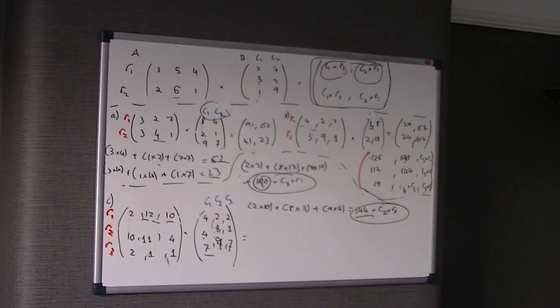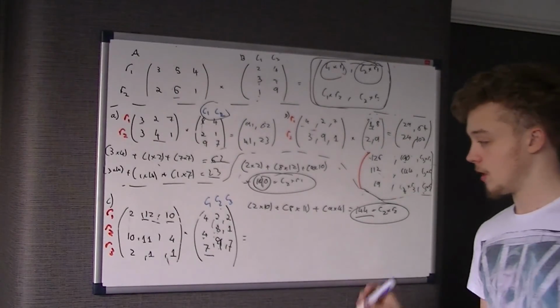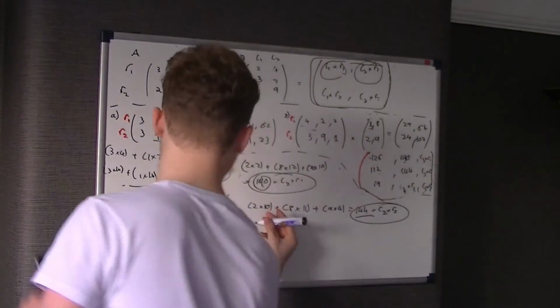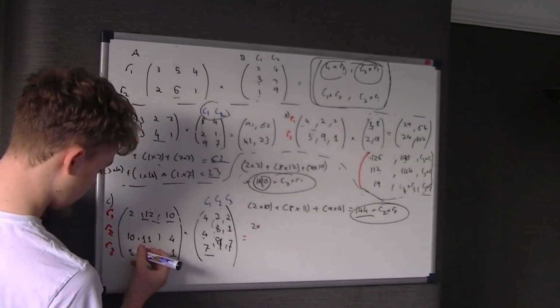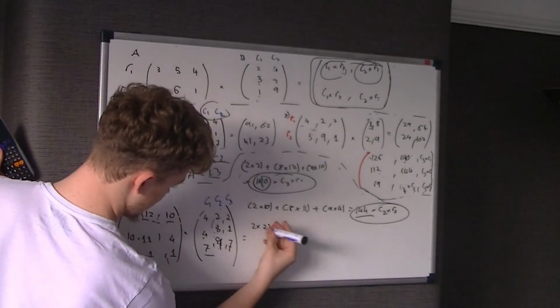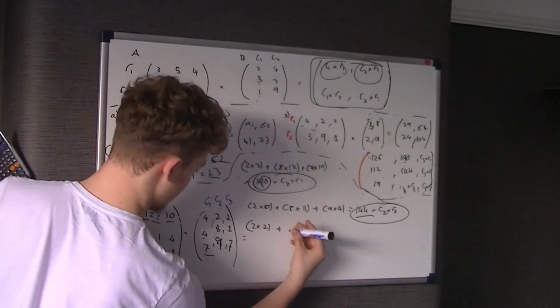Now the next one we're going to do, because we're still focusing on the second column, is column 2 times row 3. Well, column 2 times row 3 is 2 times 2 plus 8 times 1 plus 9 times 1.